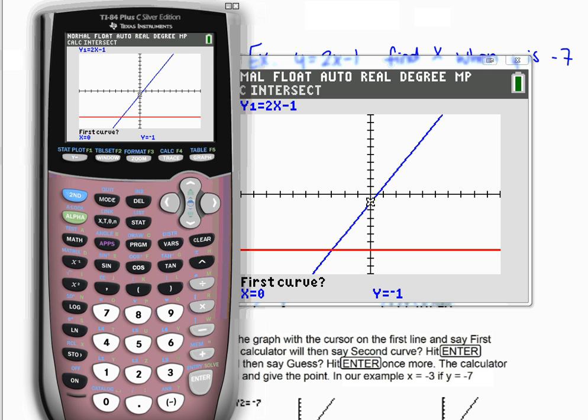You don't actually have to move the cursor over to the intersection point, but you can. You can just go straight to pushing enter 3 times: first curve guess, second curve guess, and then your guess. Just push it 3 times and there it is. What's x when y is -7? -3. There's your answer.